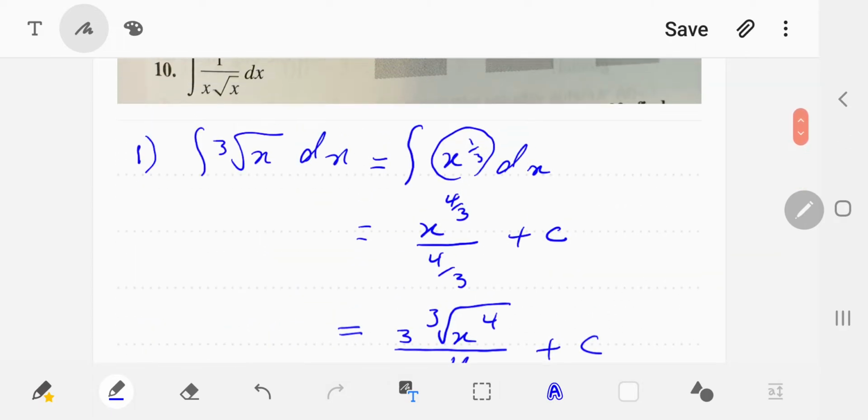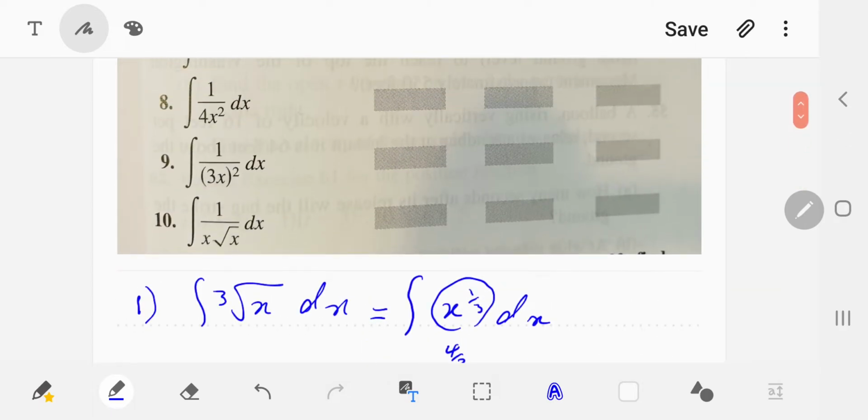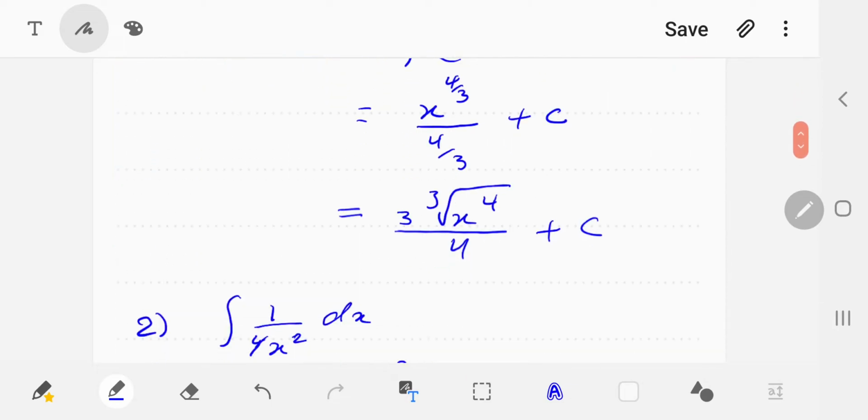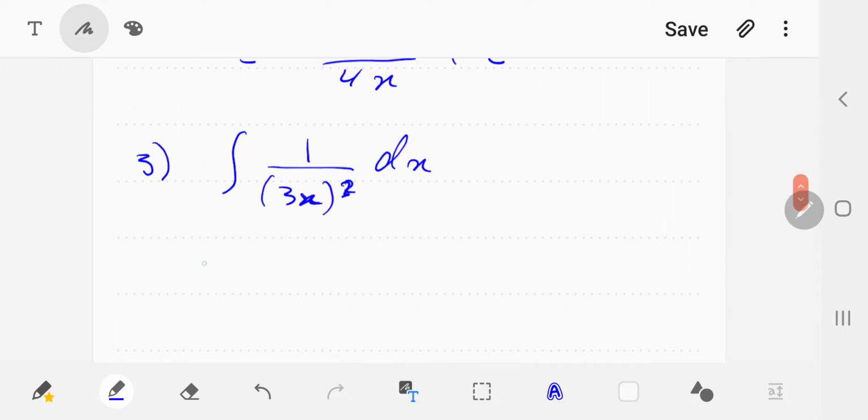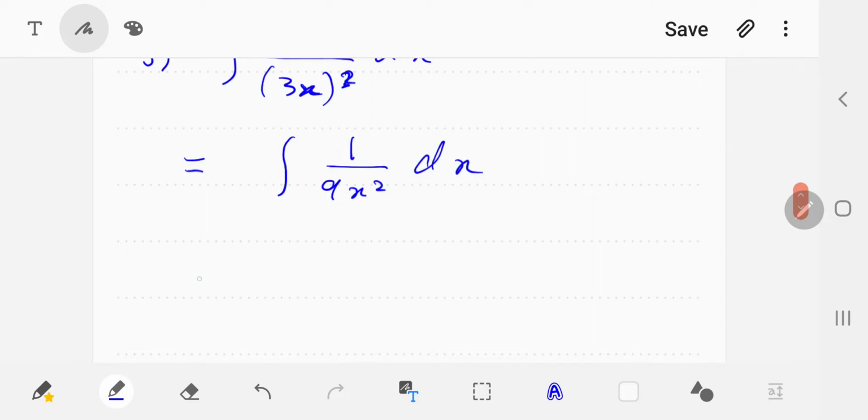What about the third one? 1 over 3x all squared. So integration of 1 over (3x) all squared depending on x. First thing here, the square is for everything, so this is like integration of 1 over 9x squared dx. 1 over 9 can be taken out.